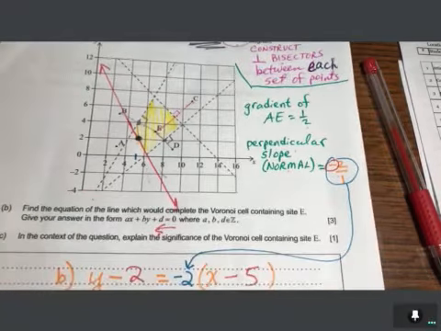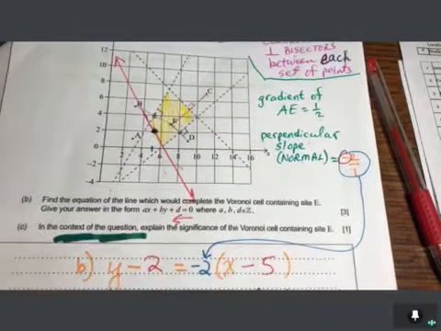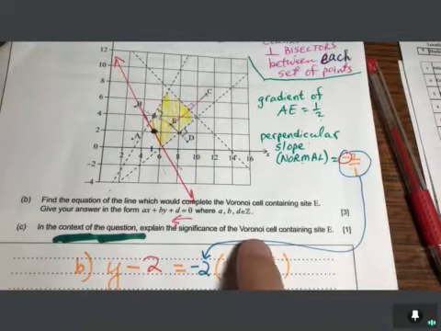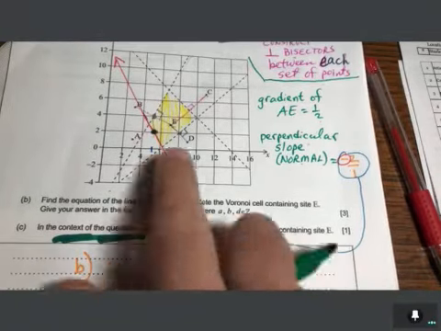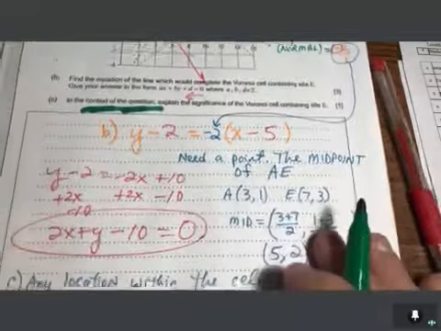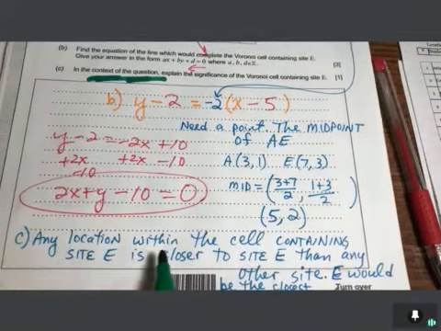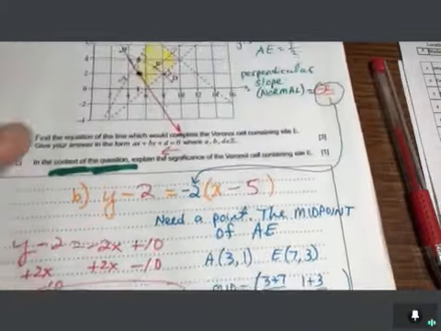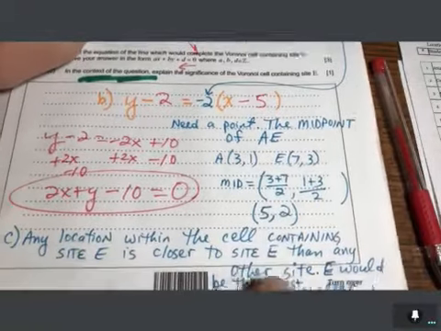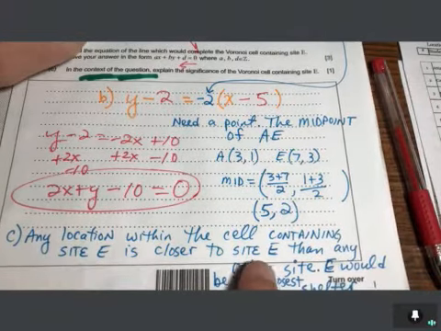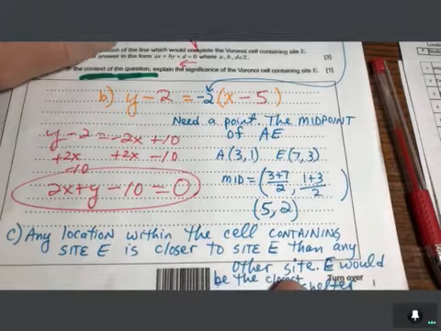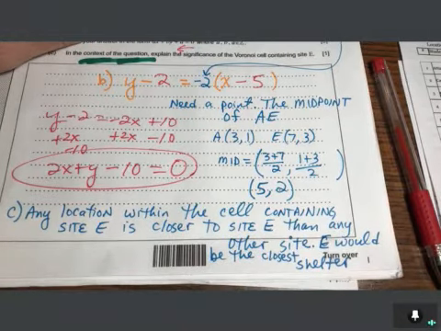So, in context of the question, explain the significance of the cell containing site E. What I came up with is any location within the cell, and I'm talking about the yellow, containing site E is closer to site E than any other site. E would be the closest shelter.